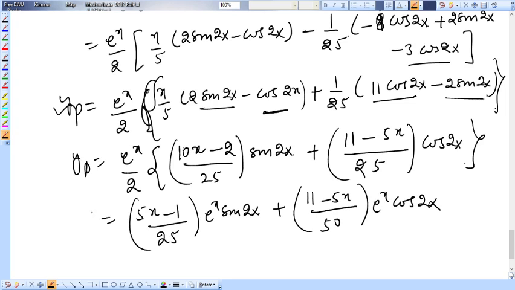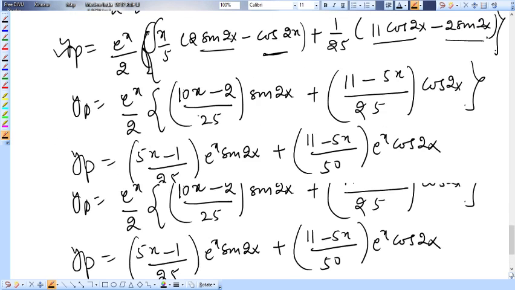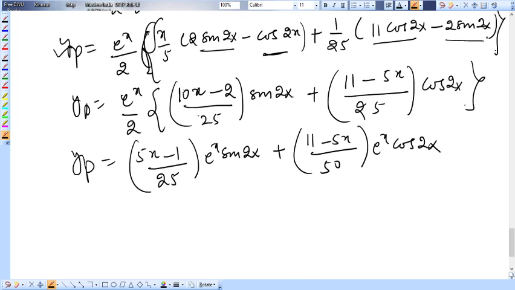So this is the particular integral. And now if you want to find out the complete solution, we will have to write together the complementary solution and the particular solution.